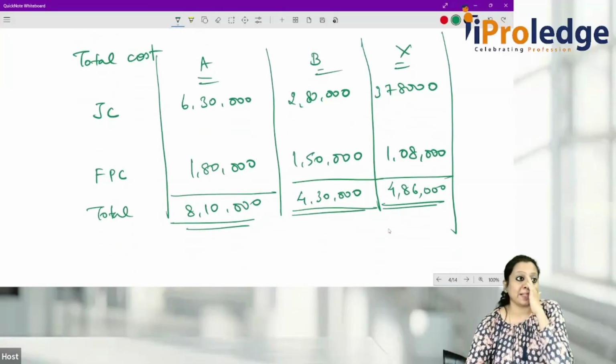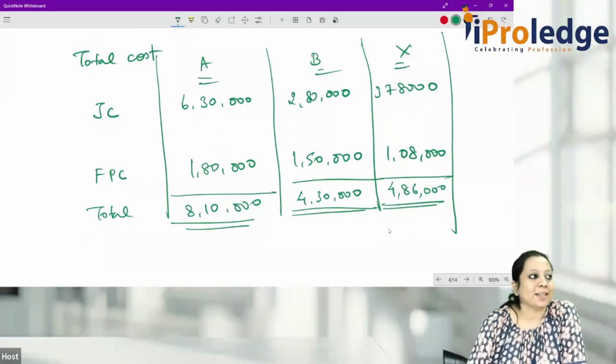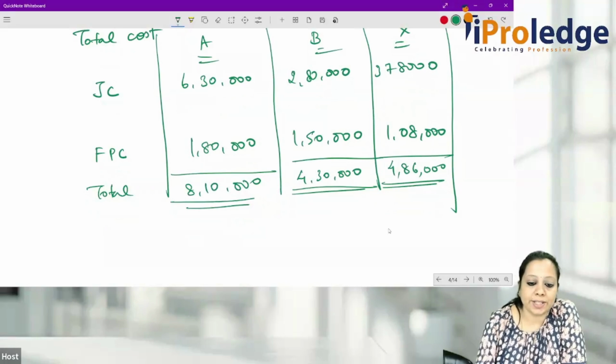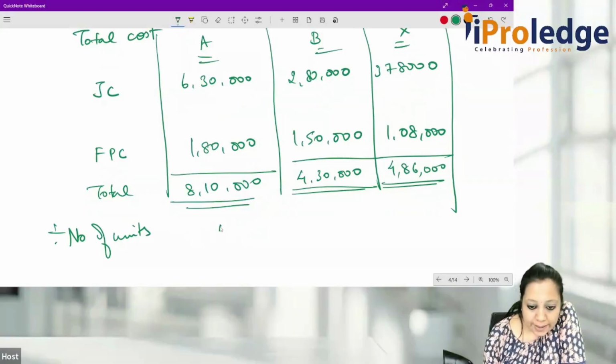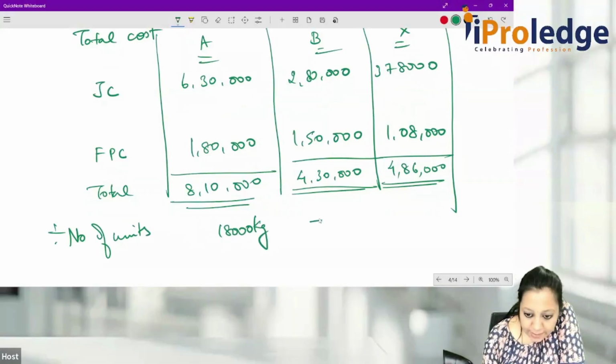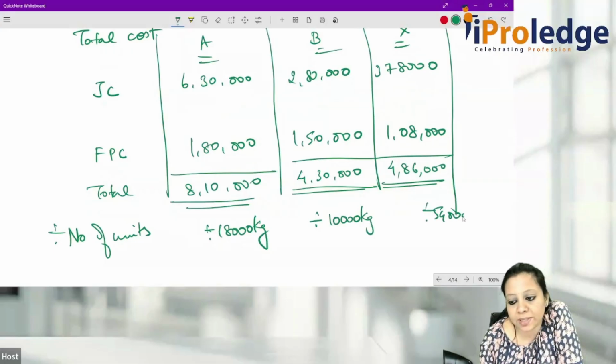We have to divide it by the number of units, that is going to be 18,000 kgs. Here it is divided by 10,000 kgs. And here it is divided by 54,000 kgs.